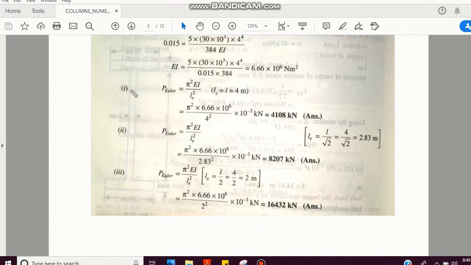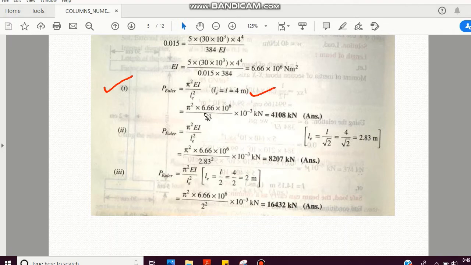Now the first one, when both ends are pin jointed, the equivalent length is equal to the actual length.